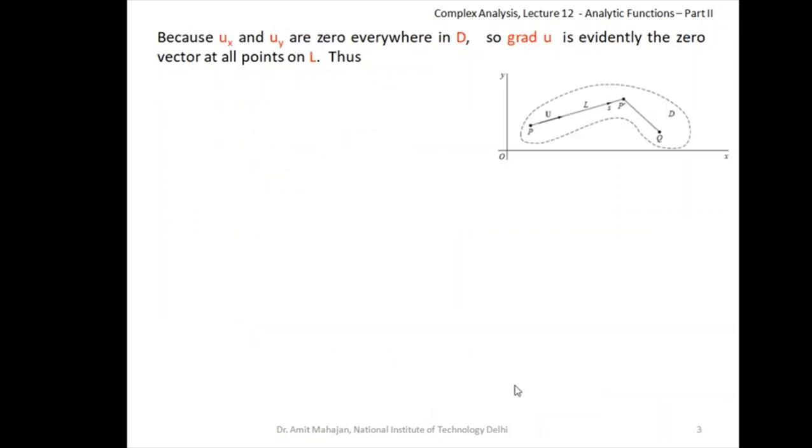So this immediately gives us that du/ds is 0 along the line L, and since the derivative is 0 along the line, this means that u must be constant along this line. Say now we have 2 points P and Q, any points in the domain, and we can easily see that any 2 points in the domain can be connected by a finite number of straight lines connected end to end.